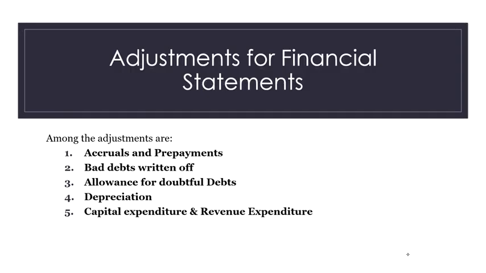So first we will look at accruals and prepayment. When there are accruals and prepayment, what should we do to our statement? Do we add or do we deduct? Okay, you must know that. Then we will learn about bad debt written off. When there is bad debt, what should we do? How are we going to compute it?